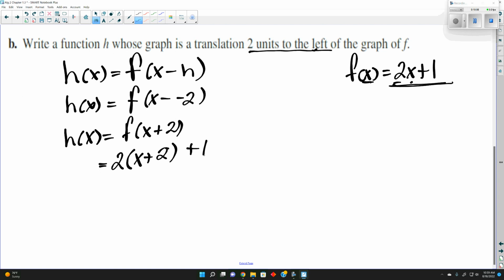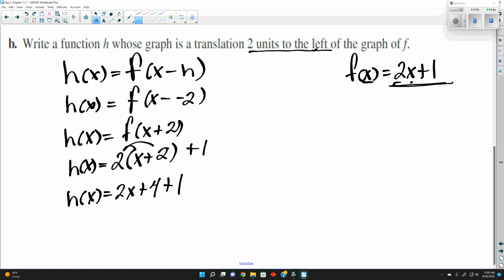Yes. We still need to get rid of the parentheses and make it look a little nicer. But like terms, that'd be 3. So it'd be h of x, distributive, 2x plus 1, add 4 plus 1, 5.